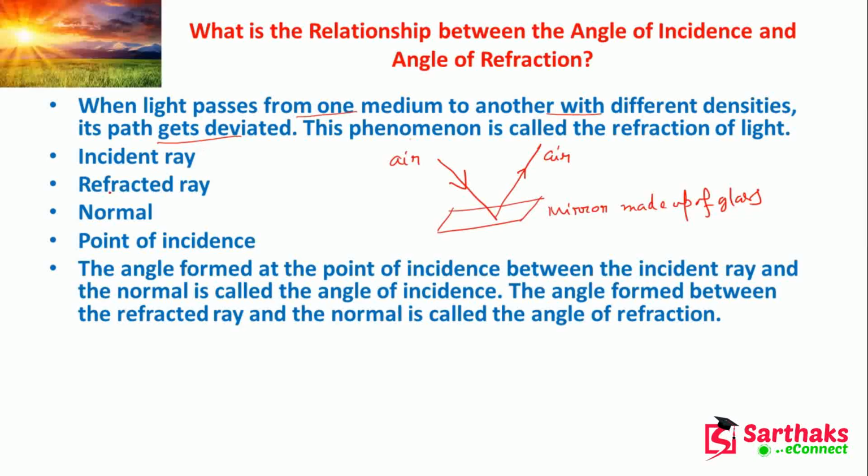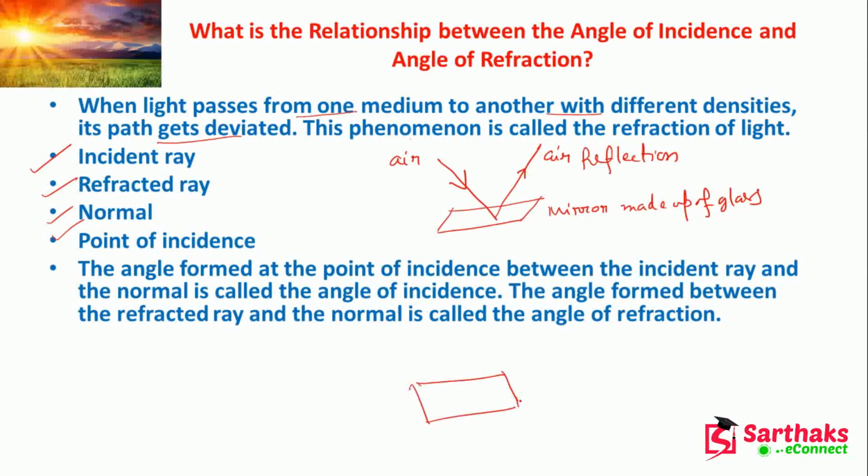Okay. So incident ray, refracted ray, normal, point of incidence, these points are very important. So the angle of incidence and angle of refraction. Now this was the reflection. That means it will be reflected back. Another thing will happen.